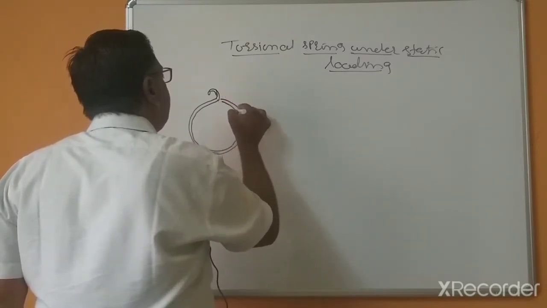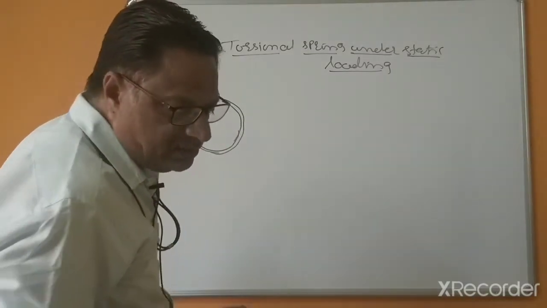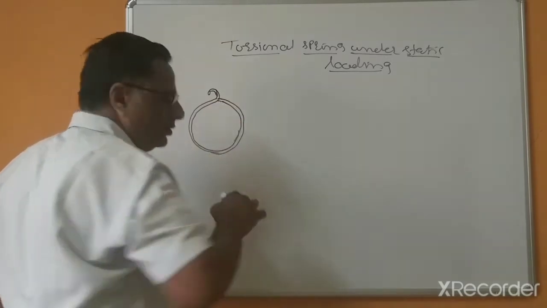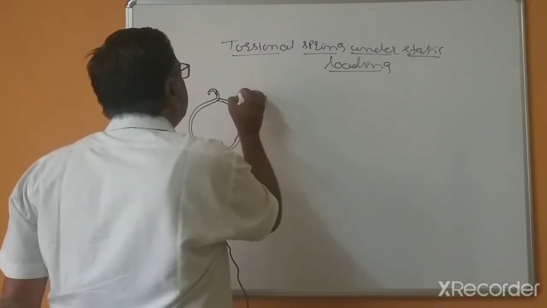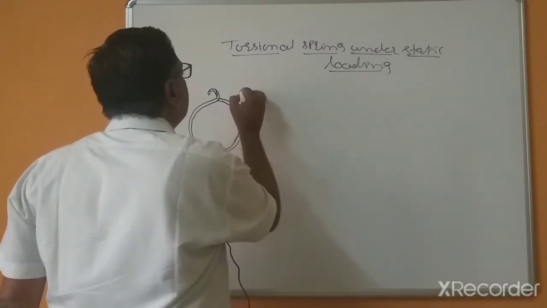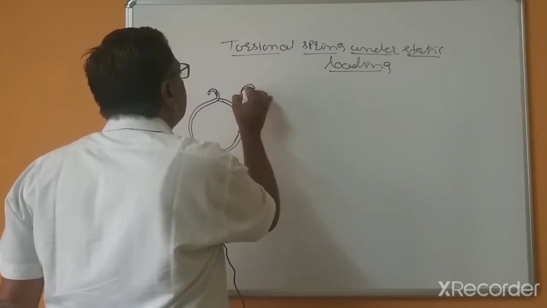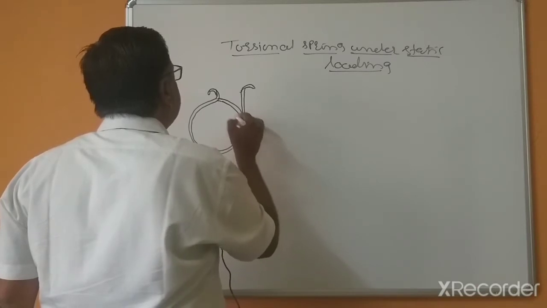The mean diameter of the torsion spring is larger, and there is one end and another end.